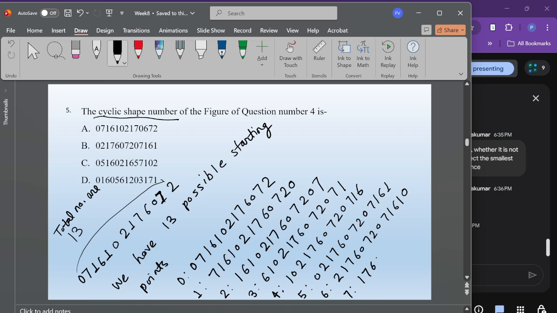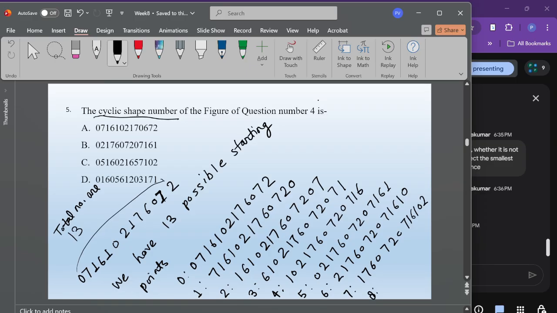So 1760720716102. Now the next one. So 7607207161021. Now I'm just writing here, only 5 left. So ninth position. So 6072071161021.